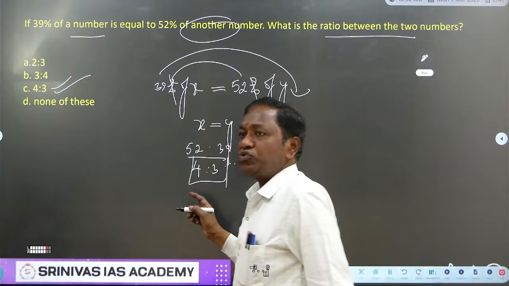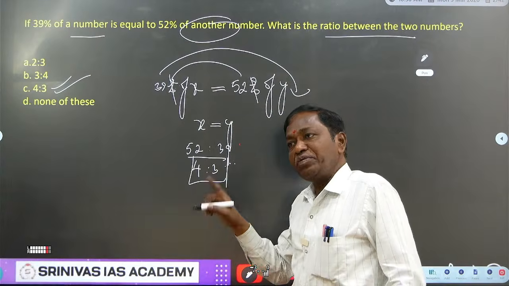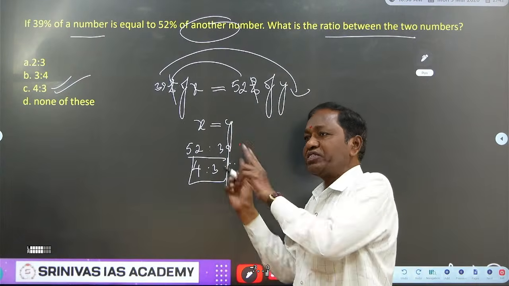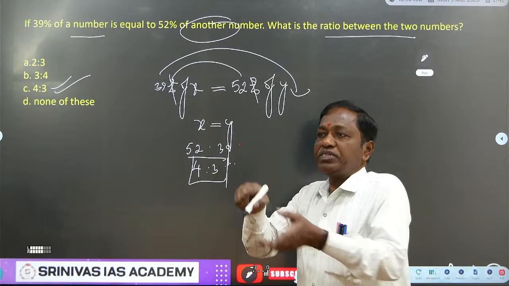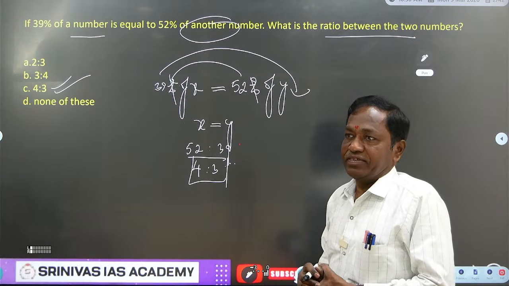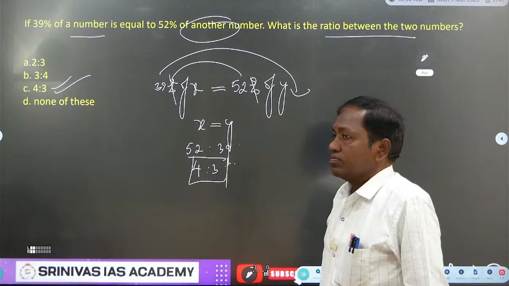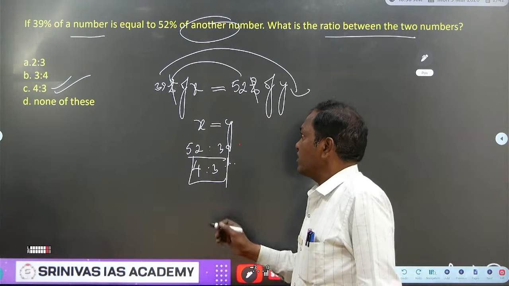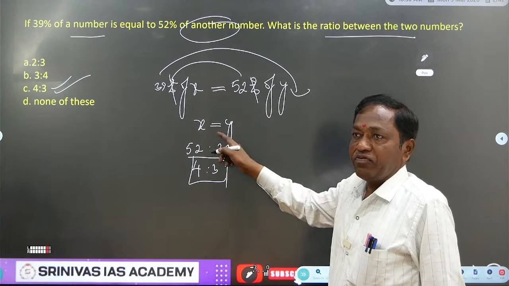Sometimes they ask the ratio of second number to first number. Then X will be shifted to the right hand side, Y will be shifted to left hand side. That is always like that. If you write in detail, what happens now?